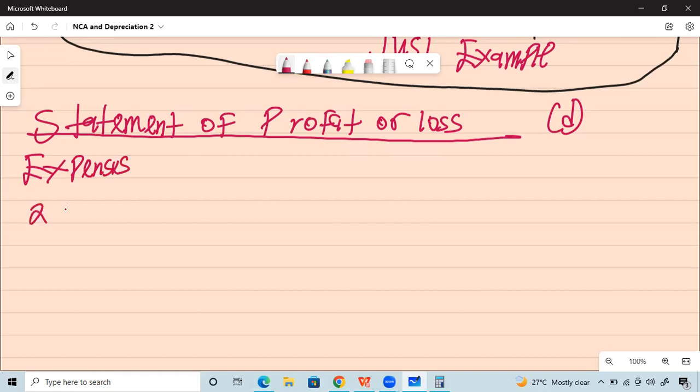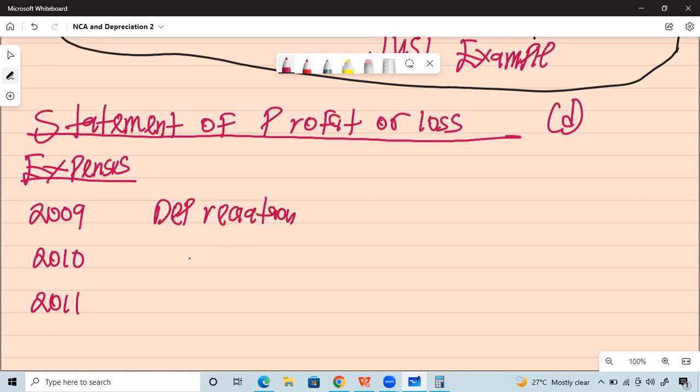You're going to say 2009, 2010, and 2011. The name is depreciation. For time's purpose, let me just do this. What's the depreciation? The first year is 100,000.